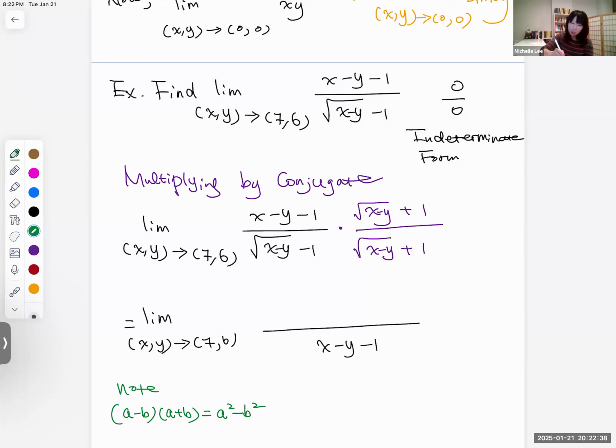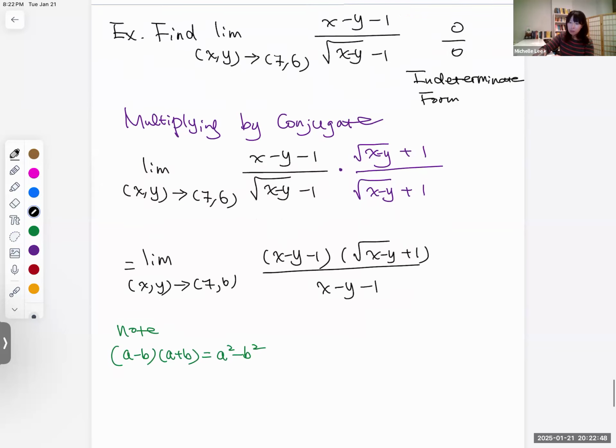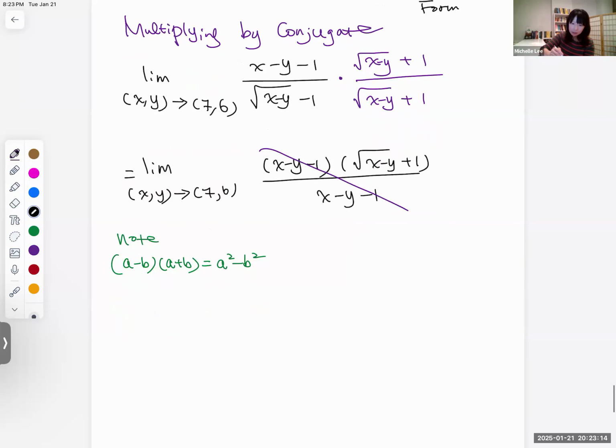Then the numerator: x minus y minus 1, and then the square root of (x minus y) plus 1. When using the conjugate technique, please don't multiply everything together, because we need to simplify, which means we need to reduce. So there will be a cancel out.